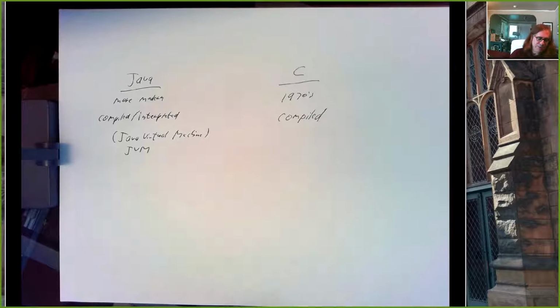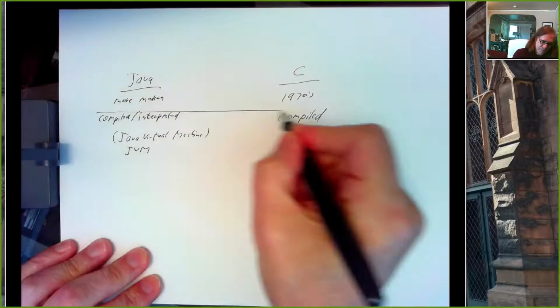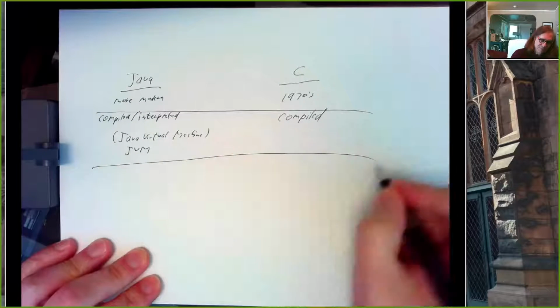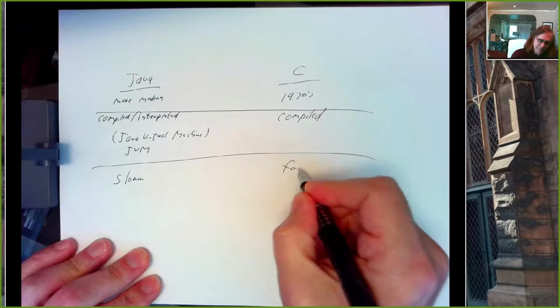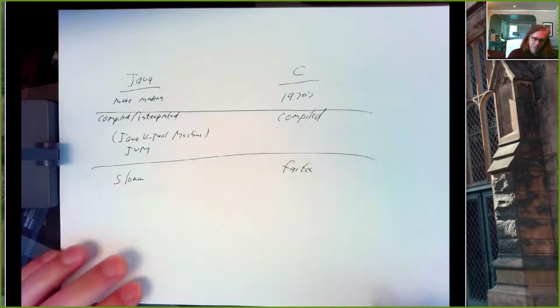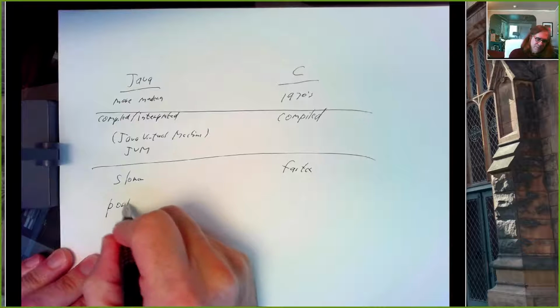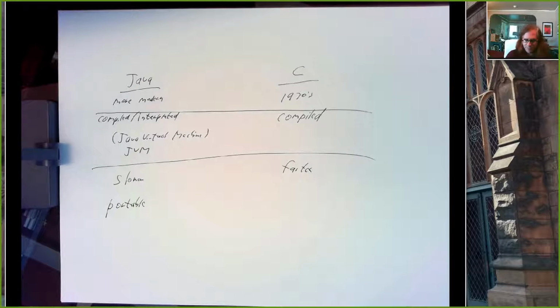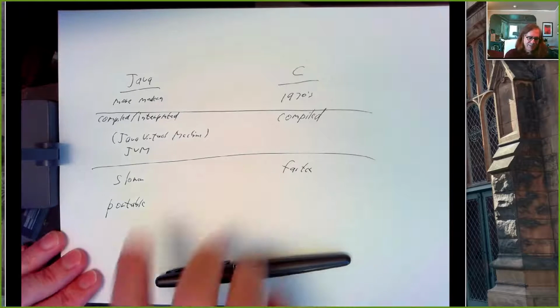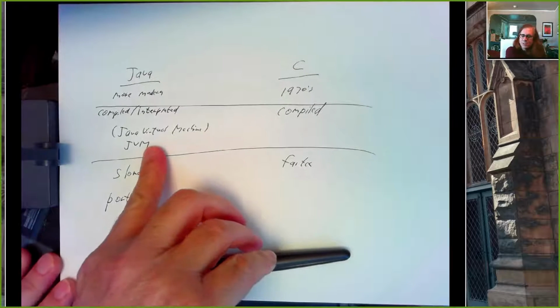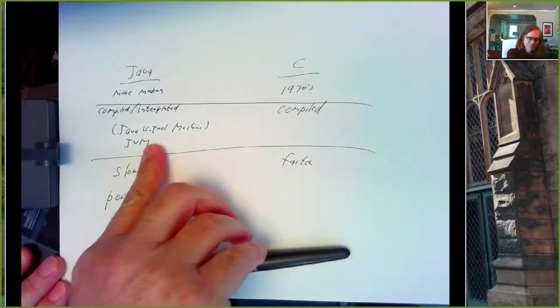Why do we do that? There's a speed penalty there. This is slower than C. But it's also highly portable. The bytecode is the same no matter what your JVM is running on.